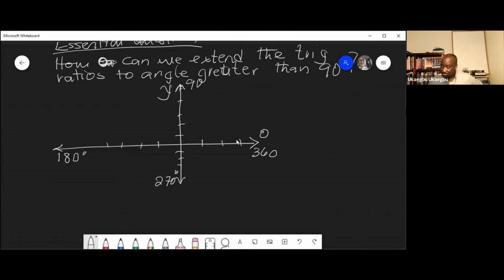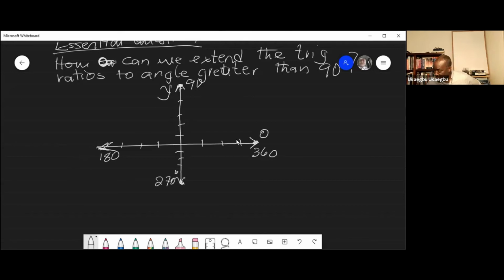So now, what I want you to do is tell me the radian equivalent of 90, of 180, of 270, and of 360. So that's the warm-up. Take it from there. You have 2 minutes.